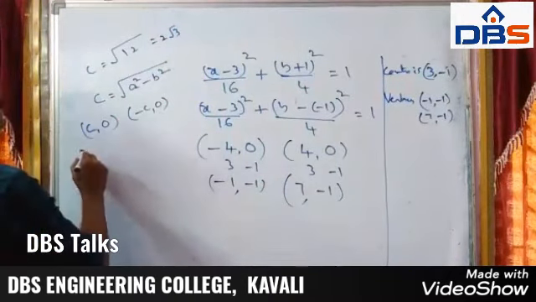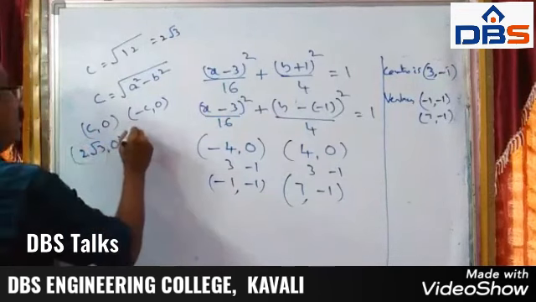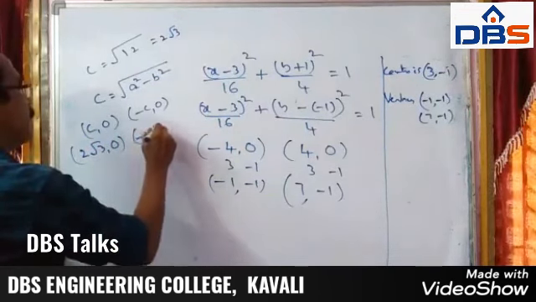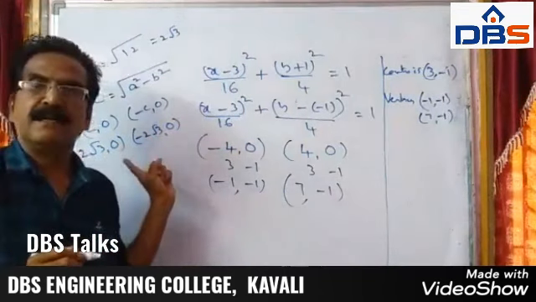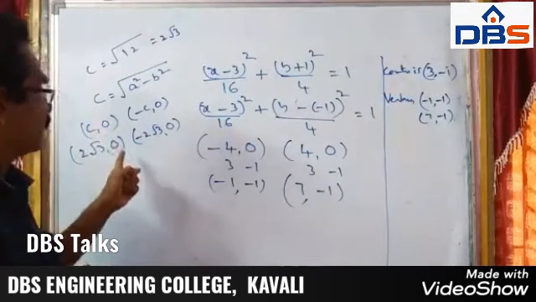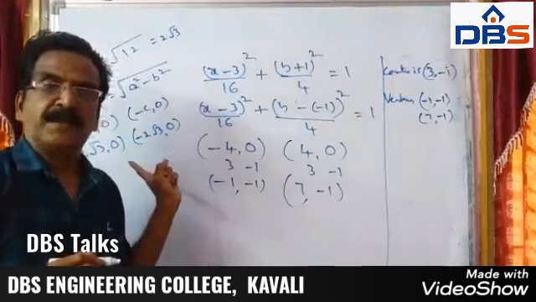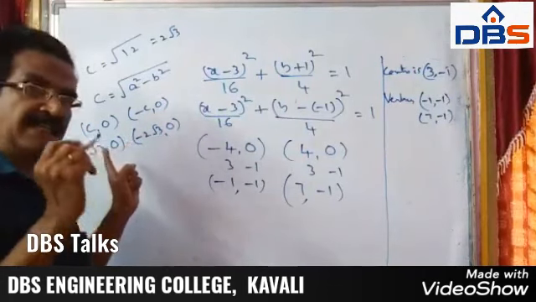So 2 root 3 comma 0 and minus 2 root 3 comma 0 are the coordinates of foci where the center is 0, 0.